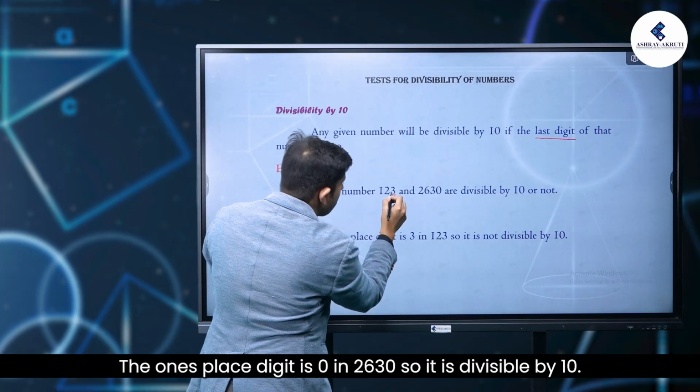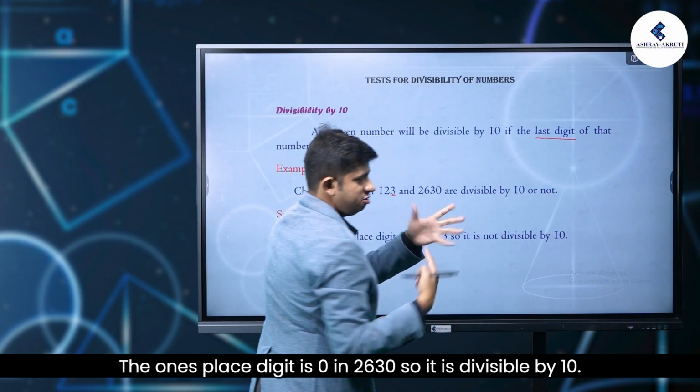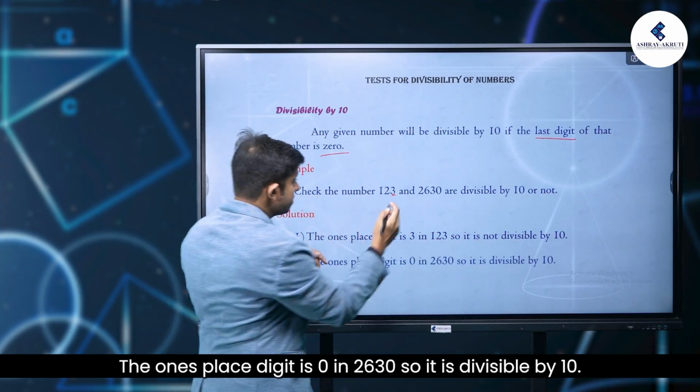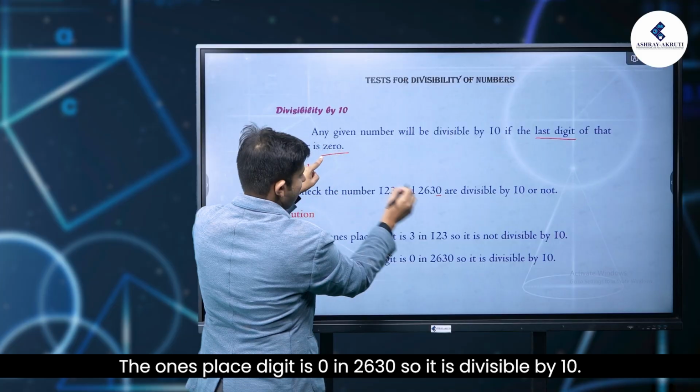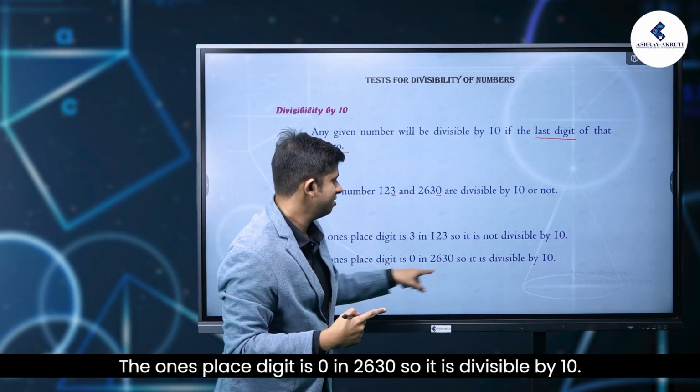The ones place digit is 0 in 2630, so it is divisible by 10.